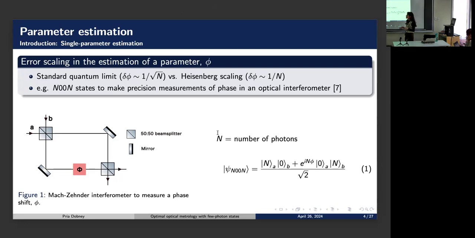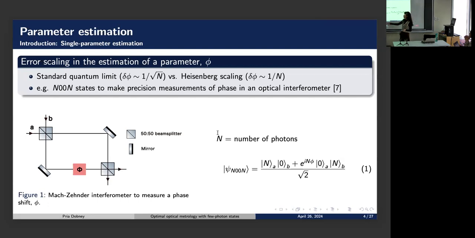The first is known as the standard quantum limit, where the error in our parameter scales as 1/√n, where n in most cases is the number of measurements that you can do, and in many cases it's also equivalent to the number of particles you have in the system. And typically we want to aim for what is known as Heisenberg scaling, which is the best scaling that quantum mechanics allows us to get, where the error in our estimation scales as 1/n. So there's a quadratic improvement there, and we typically want to aim for that.